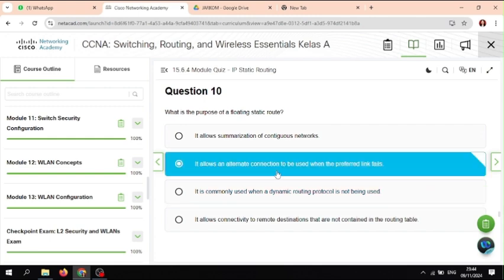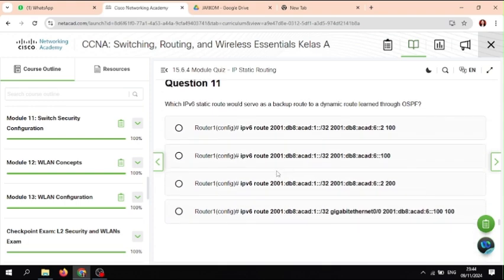It allows an alternate connection to be used when the preferred link fails. Which IPv6 static route would serve as a backup route to a dynamic route learned through OSPF?